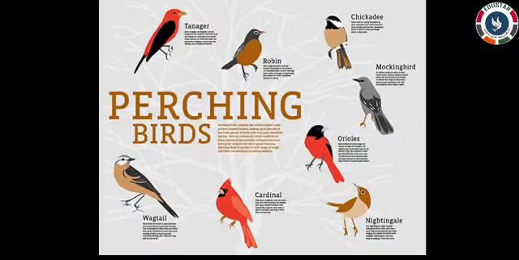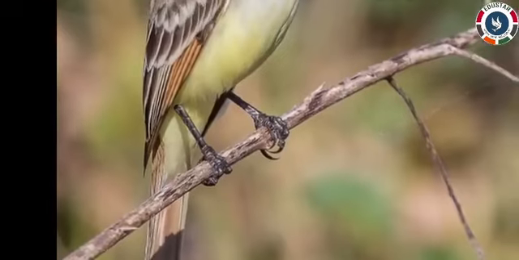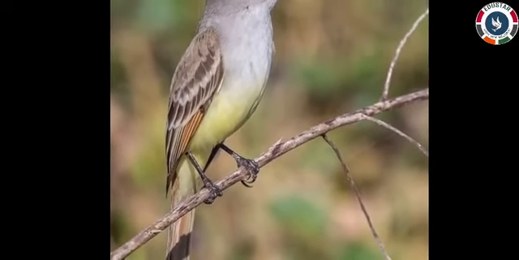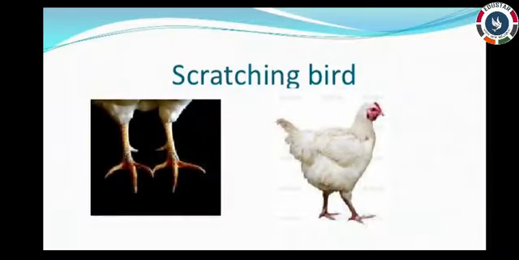Next, perching birds. These birds have slender claws with 3 toes in front and 1 at the back. This helps them to perch or sit on high branches without falling. Then, scratching birds. These birds have hard and sharp claws with 3 long toes in front and a short toe at the back.